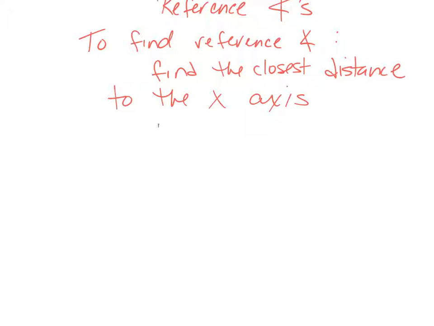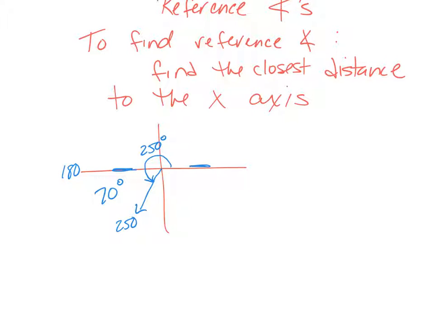Okay, so let's say I have this angle here, and it is 250 degrees. What is the closest distance to the x-axis? Number one, this part of the x-axis is closer than that part because it's like a clear shot here, right? So if this is 180 and this is 250, then we've got 70 degrees as the reference angle, because it's how far I am from the x-axis, the closest distance to the x-axis.